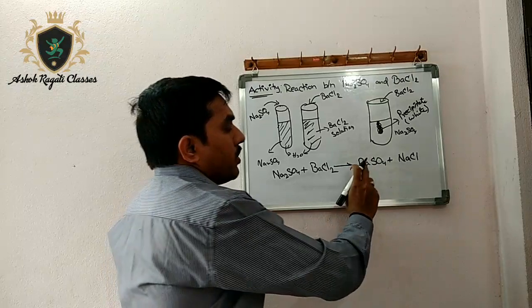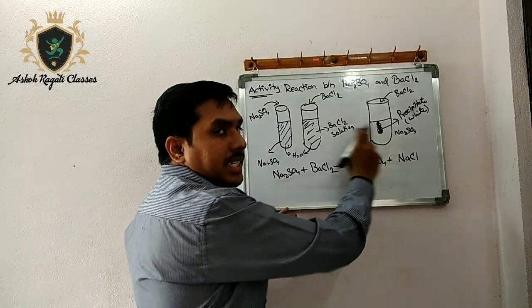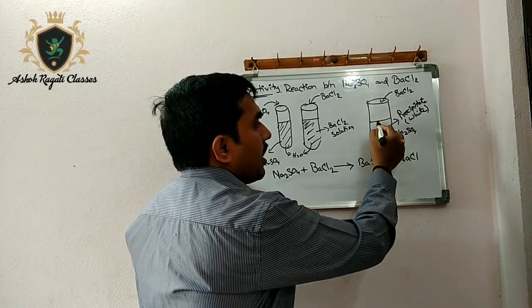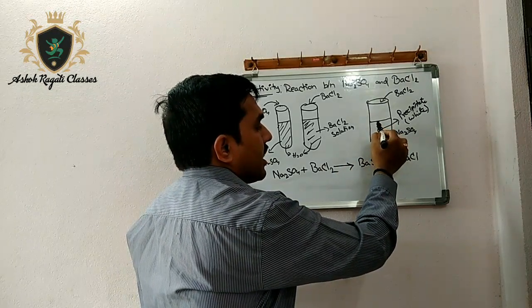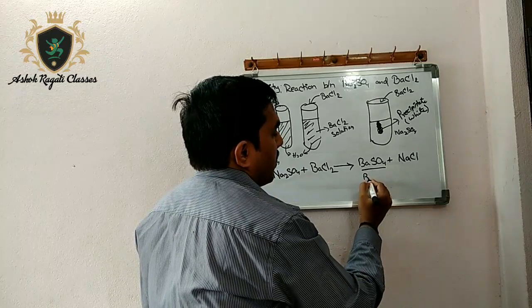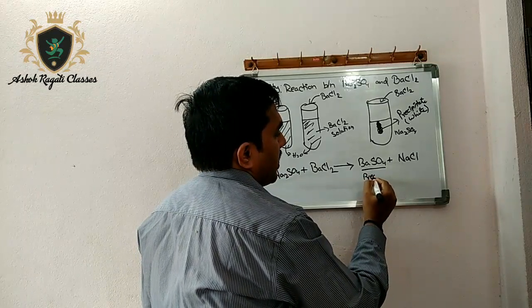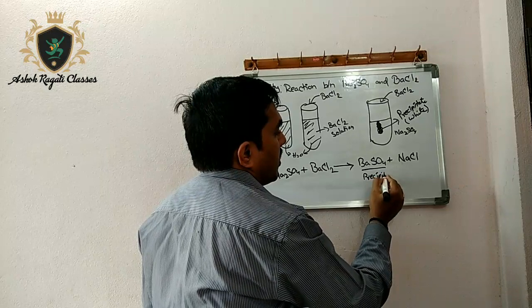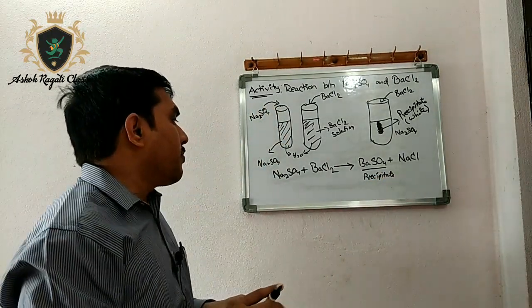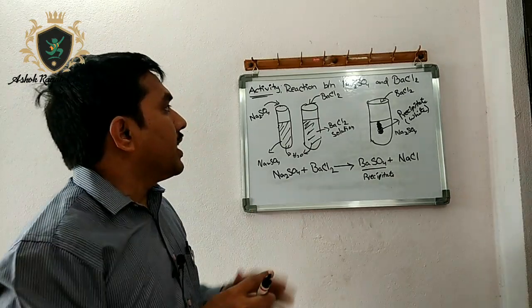If these substances are present in the same test tube, an insoluble substance is there now, and that is nothing but a precipitate. Understood now?